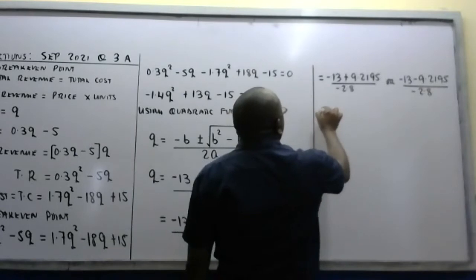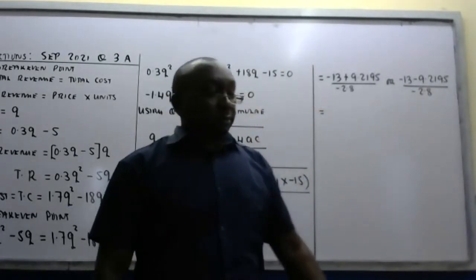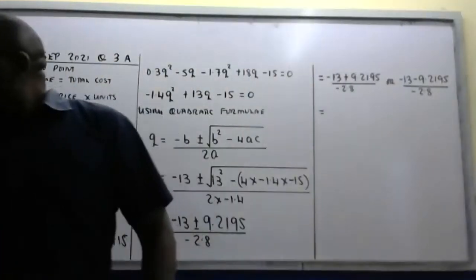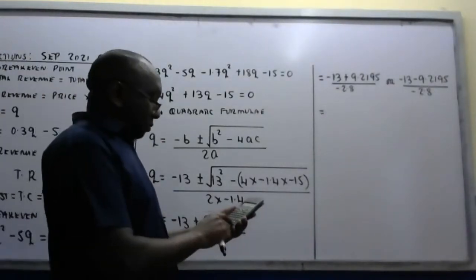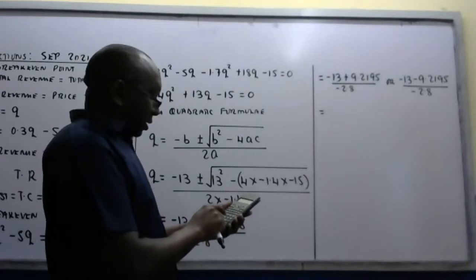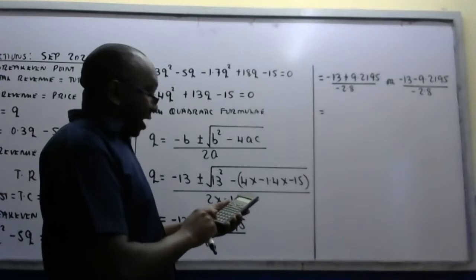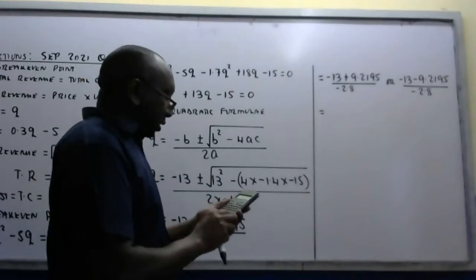So this one will become minus 13 plus 9.2195 divided by minus 2.8.